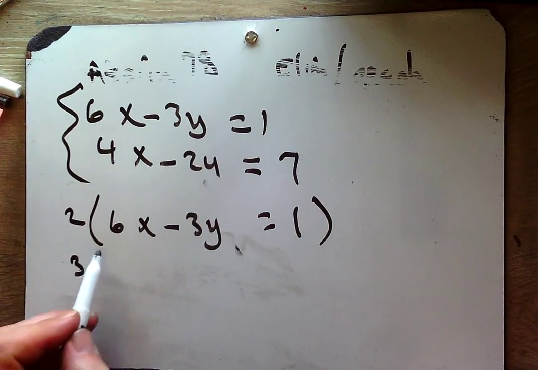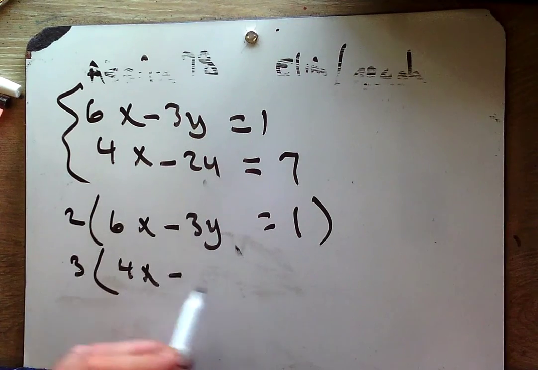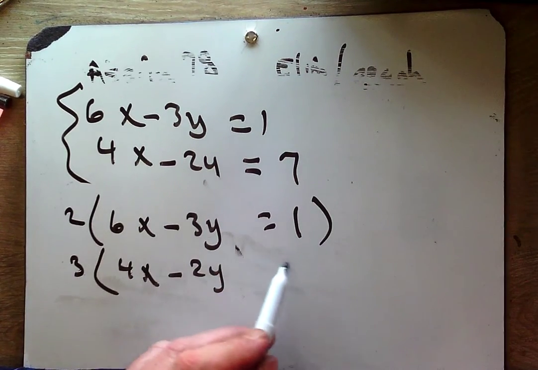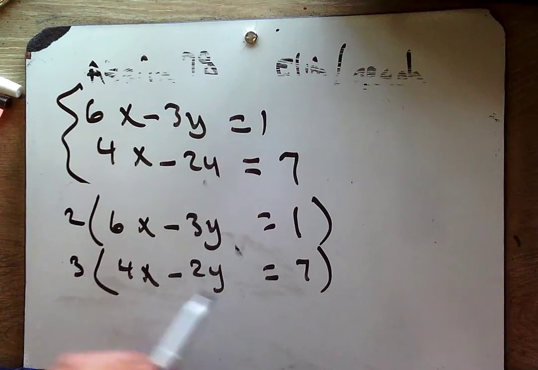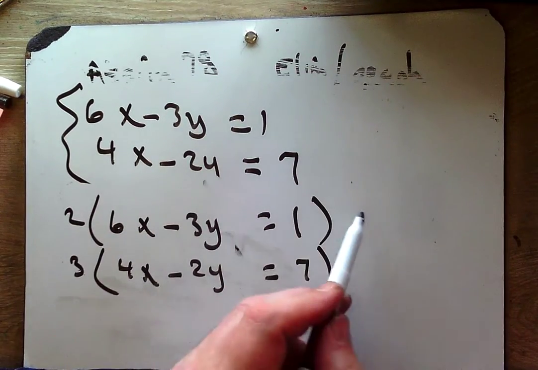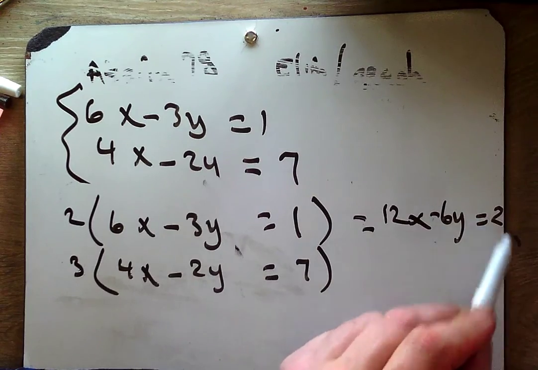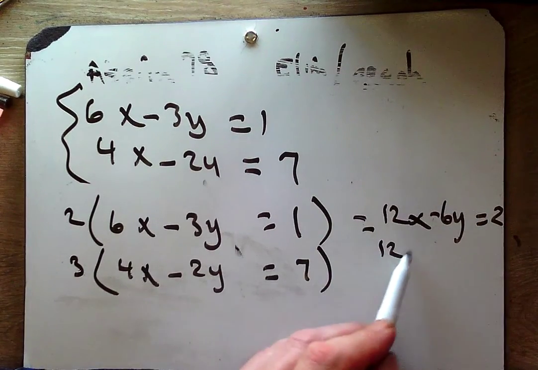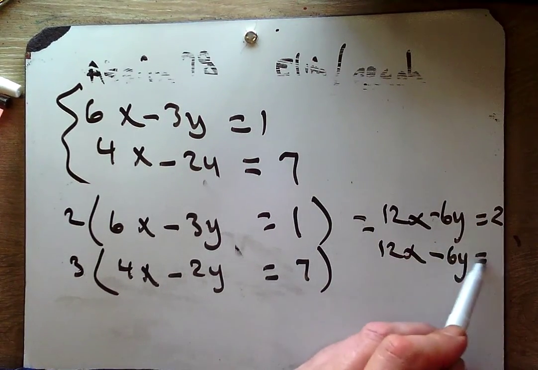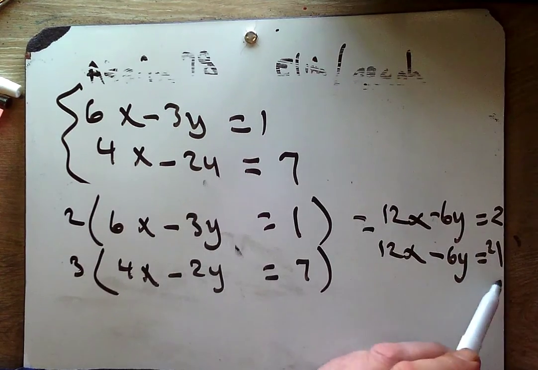And 3 on the bottom, which is 4x minus 2y equals 7. So when I distribute, I'm going to get 12x minus 6y equals 2. And I'm going to get 12x minus 6y equals 21.